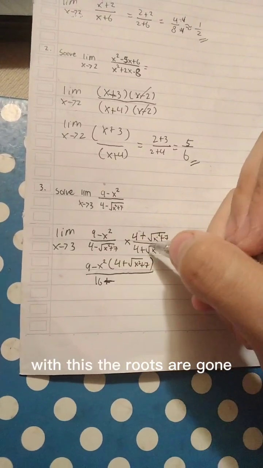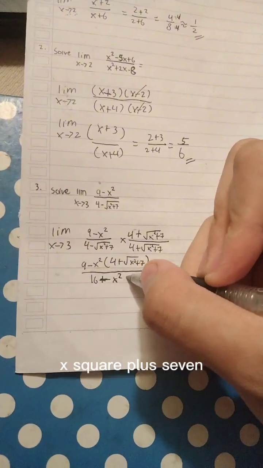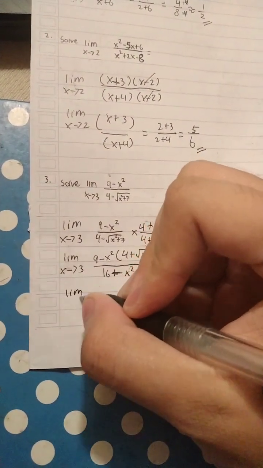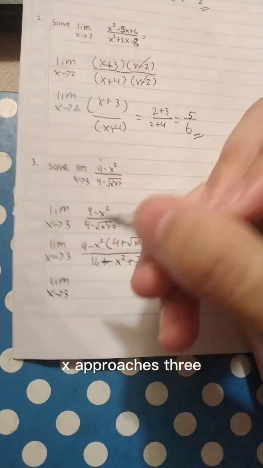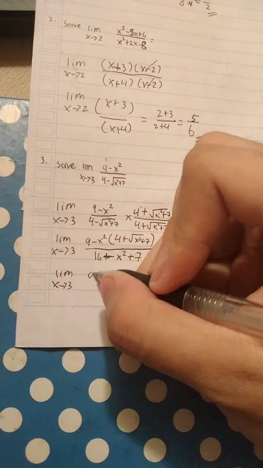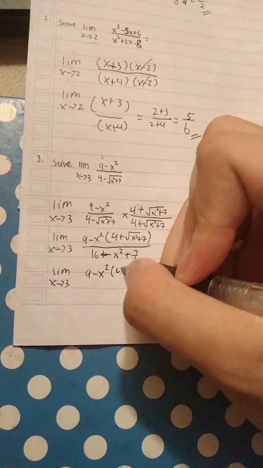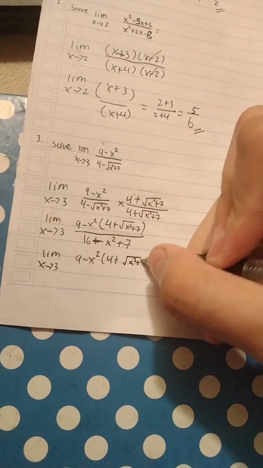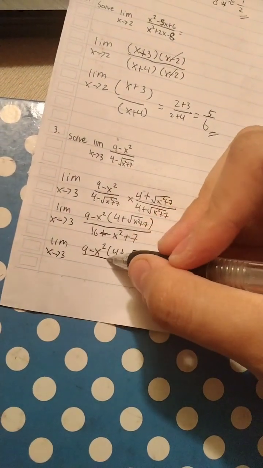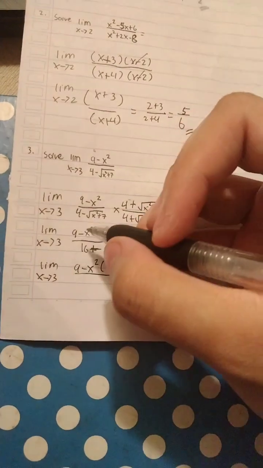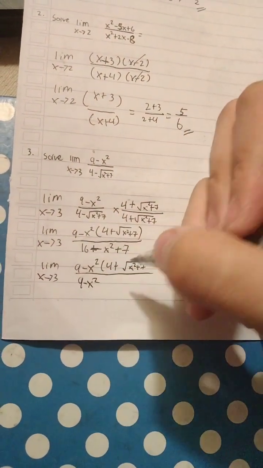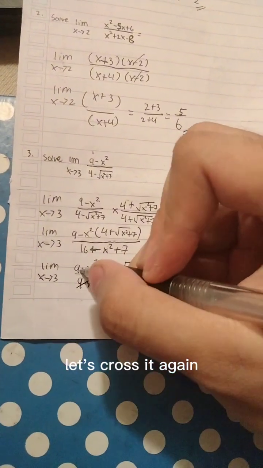With this, the roots are gone, so it's only left with 16 minus x squared minus 7, where limit x approaches 3. That equals 9 minus x squared. Oh, we get this. Let's cross it out again.